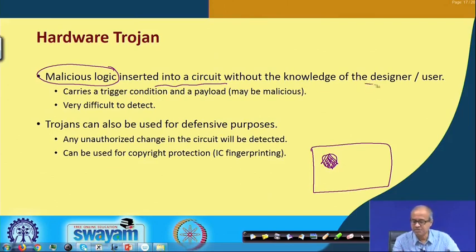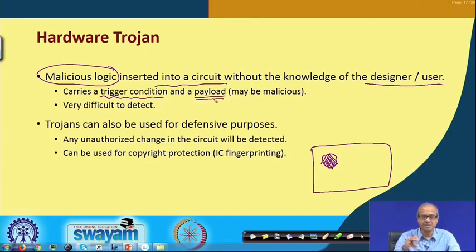Well, without the knowledge of the designer or the user, let us say that as a user I do not know that this has happened, but someone has put some additional circuits inside my design. Now, when I am using my system, there can be some triggering condition when this hardware Trojan can wake up, this hidden circuitry can wake up and some payload, some action, will be initiated, which will be a malicious action, maybe something will get deleted, something else will happen which is not intended.